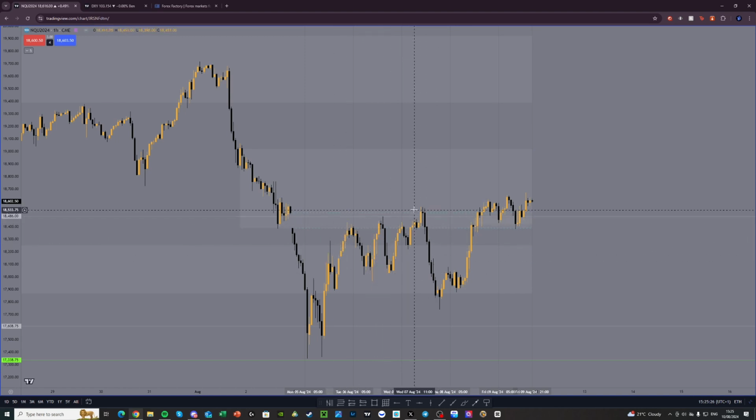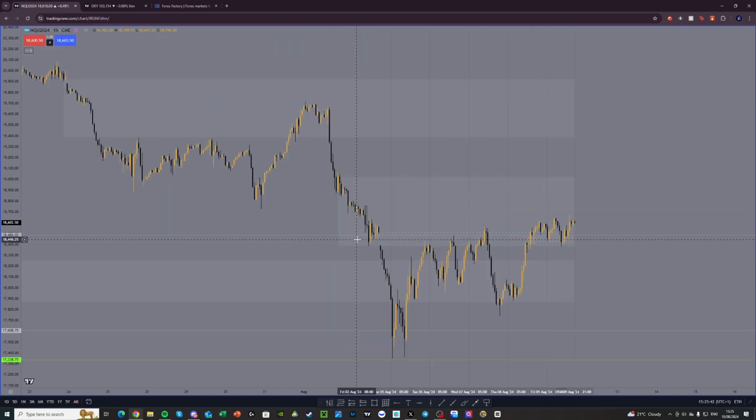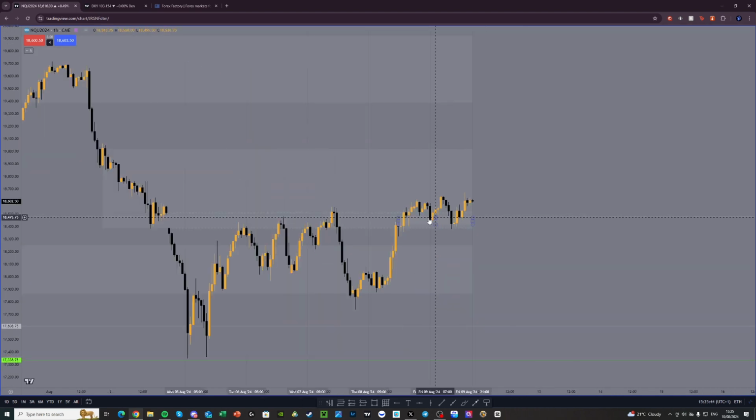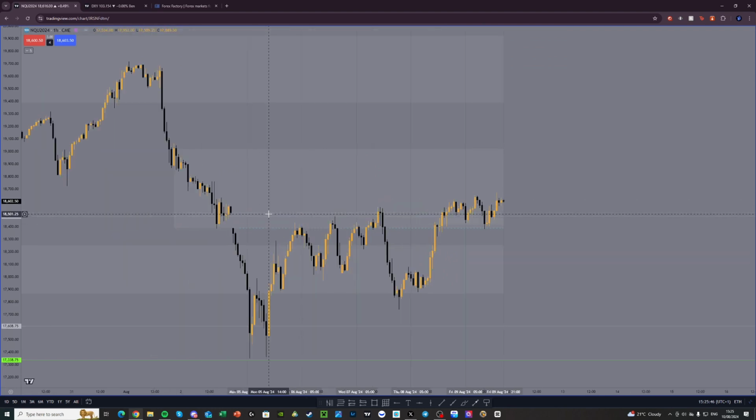Each time we get a new drive higher, after we've had this sort of framework, big move lower, creating retail support, each time we take a high, that's got quite a lot of traders behind it. A lot of people having buy stops above here because they think that this is a reversal. So each time we take highs, there's a lot of people in that. And also, each time we take highs without taking the lows, that's a really good thing.